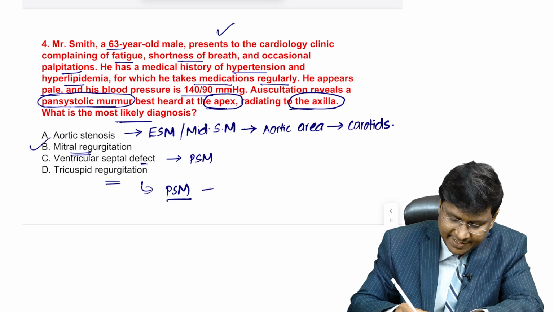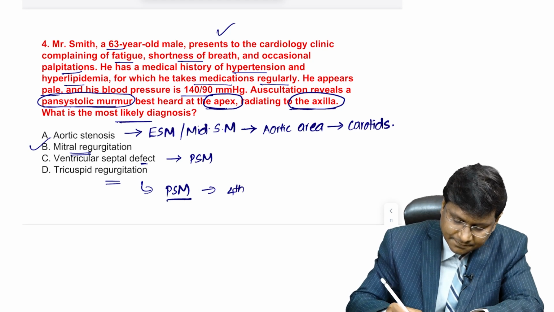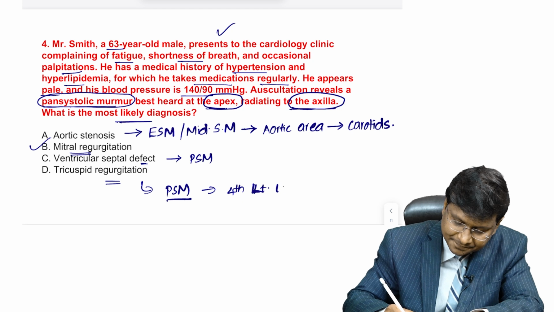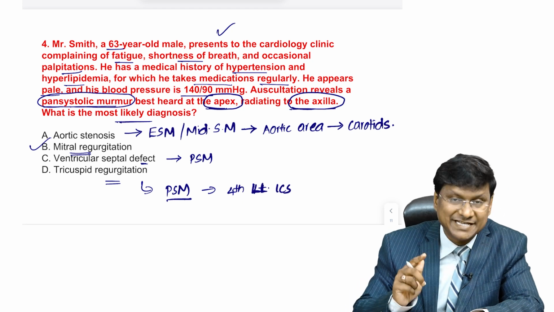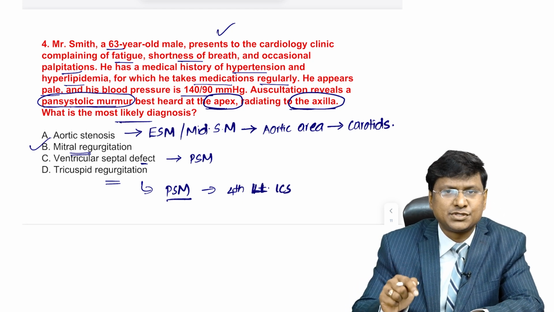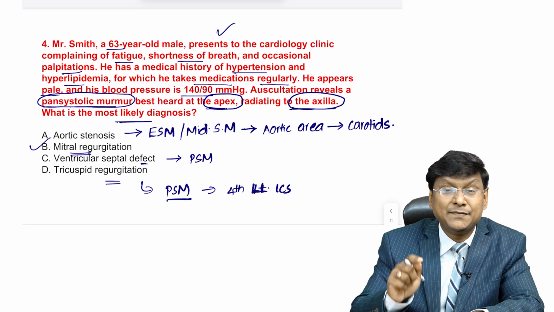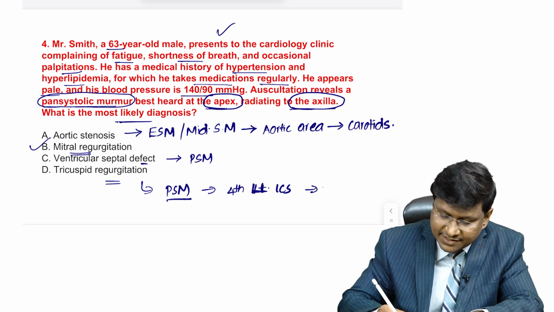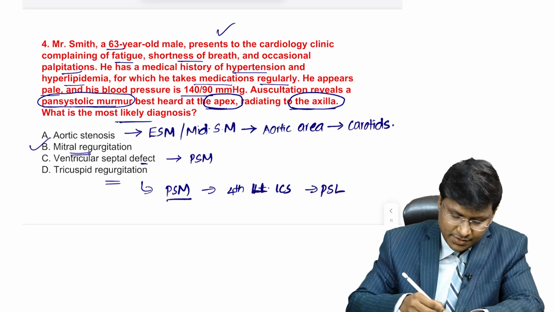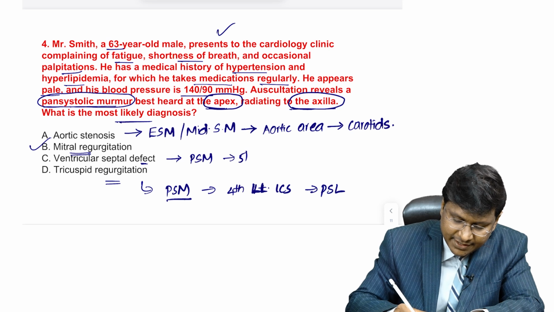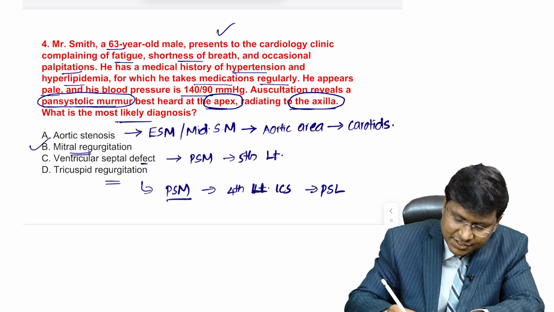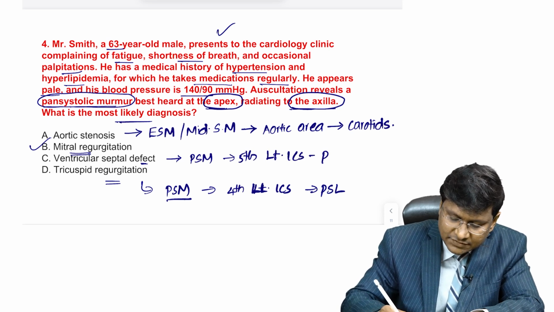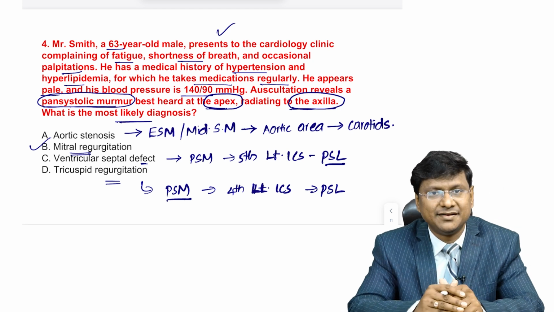And where is it heard? It is best heard in the fourth left intercostal space, in the parasternal line, whereas ventricular septal defect is heard in the fifth left intercostal space, which is also almost the parasternal line, right?